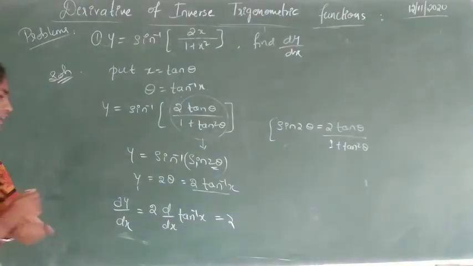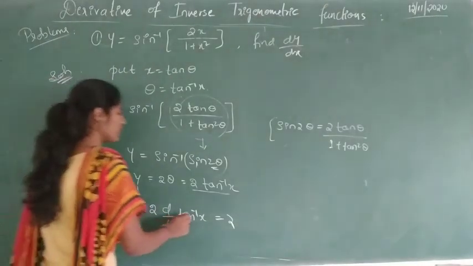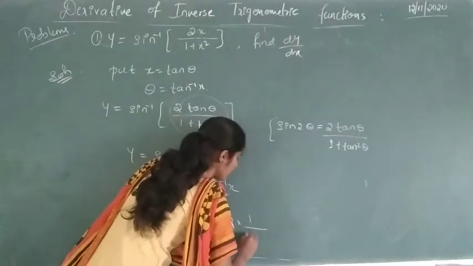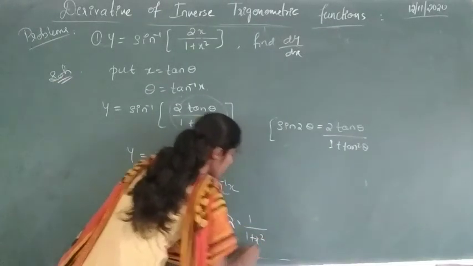Just now I have explained that the derivative of tan inverse x is 1 divided by 1 plus x square.